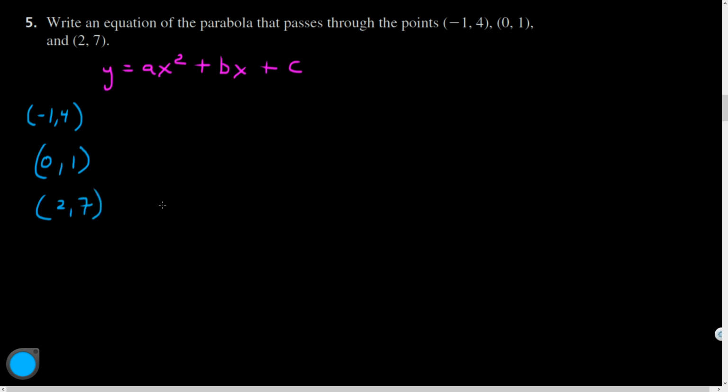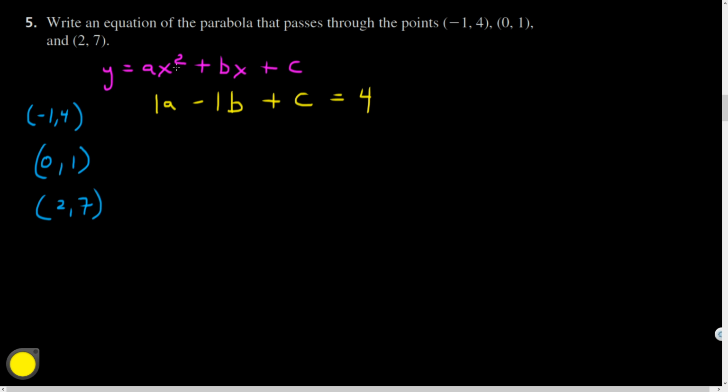2 and 7. I'd plug them in for the x's and the y's, so plugging in -1 squared is +1, so I'd have 1a minus 1b plus c equals 4.